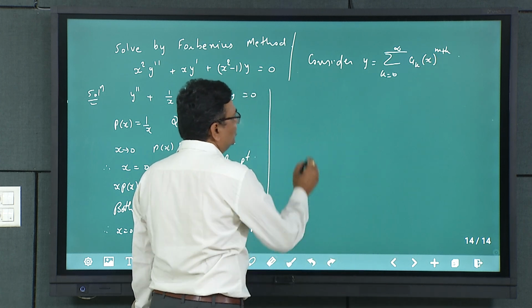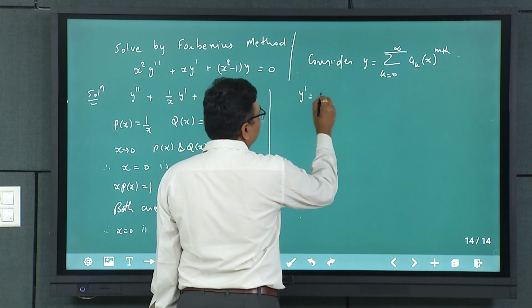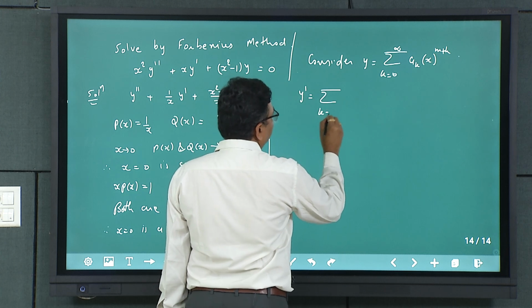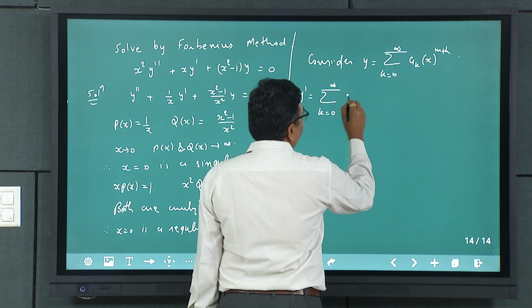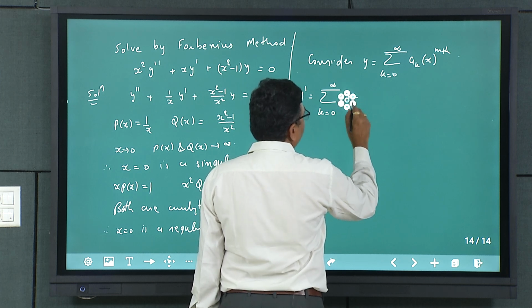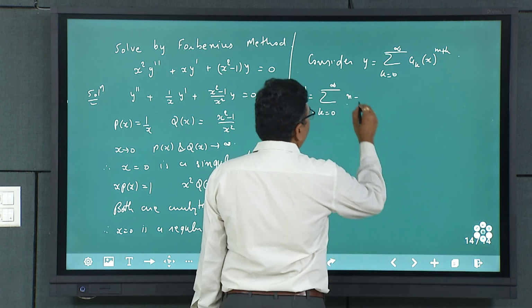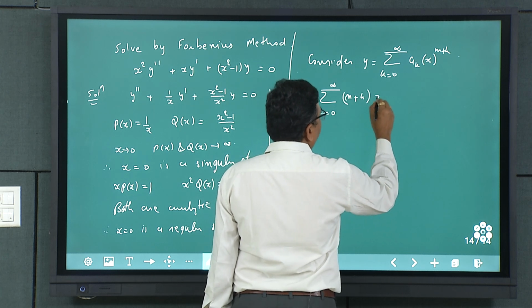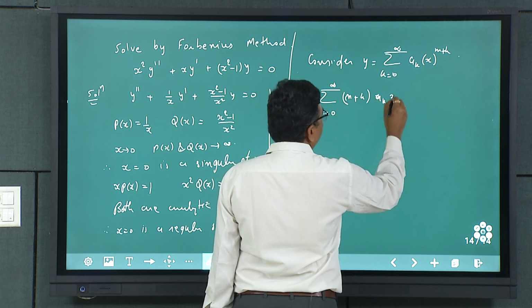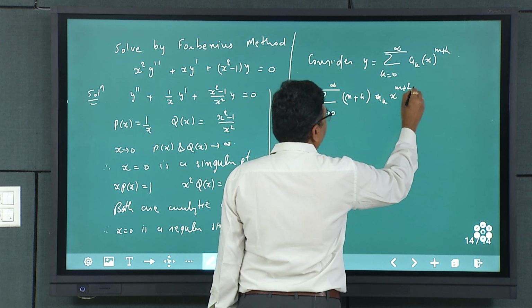Okay, so y dash we get is sigma k is equal to 0 to infinity m plus k into ak x raised to power m plus k minus 1.